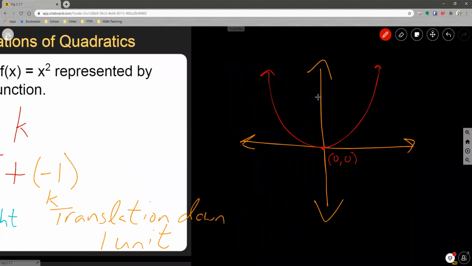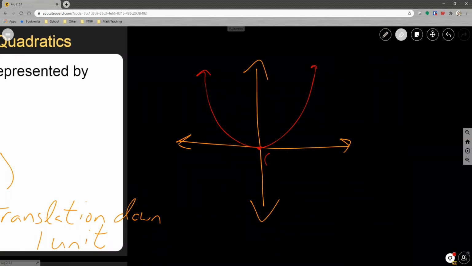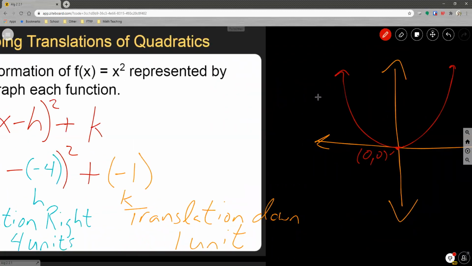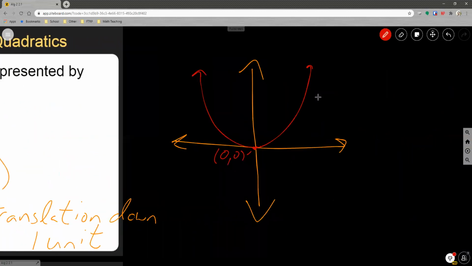The vertex is at 0, 0. It's right there. So what's happening is I'm translating 4 units to the right and 1 unit down. So my graph is just being moved. I'm going to change my color here.